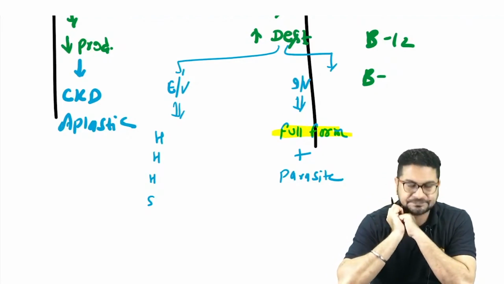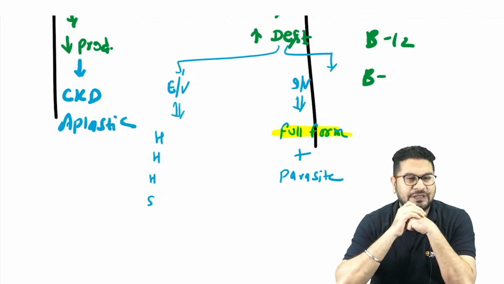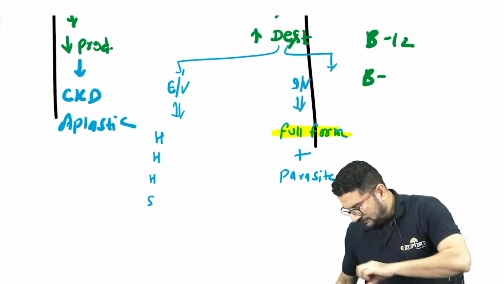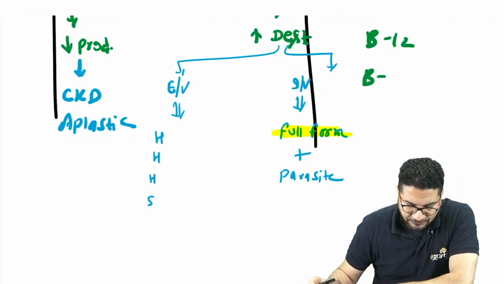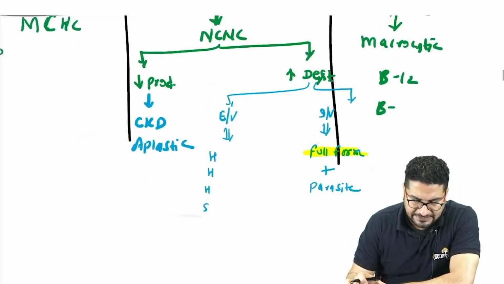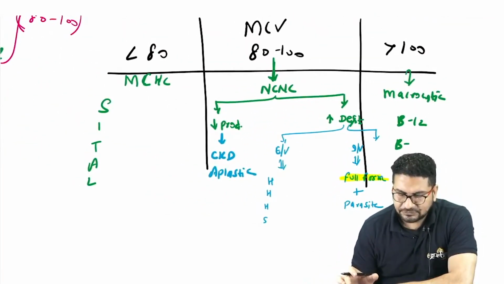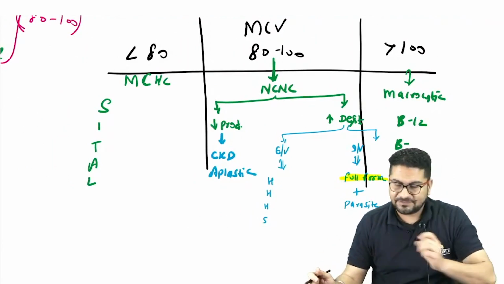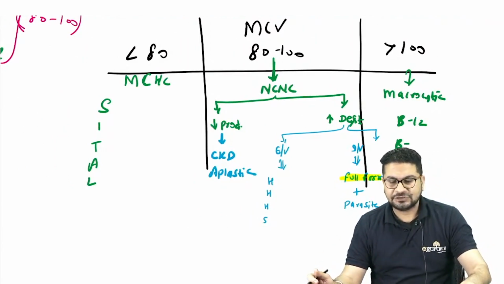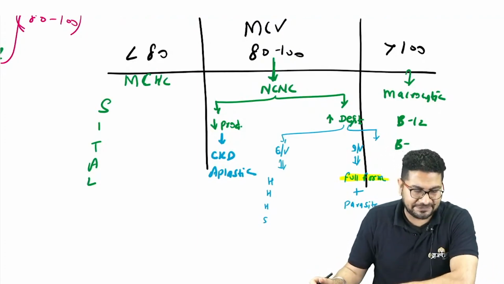Full form, microangiopathic hemolytic anemia. Again full form. And parasite. Clear? So now is it easy to remember? Is it easy, guys? So understand this, full form plus parasite, these are predominantly your intravascular causes.